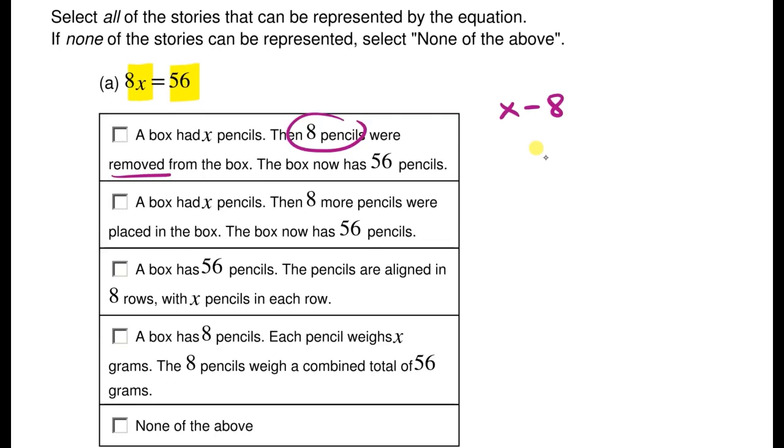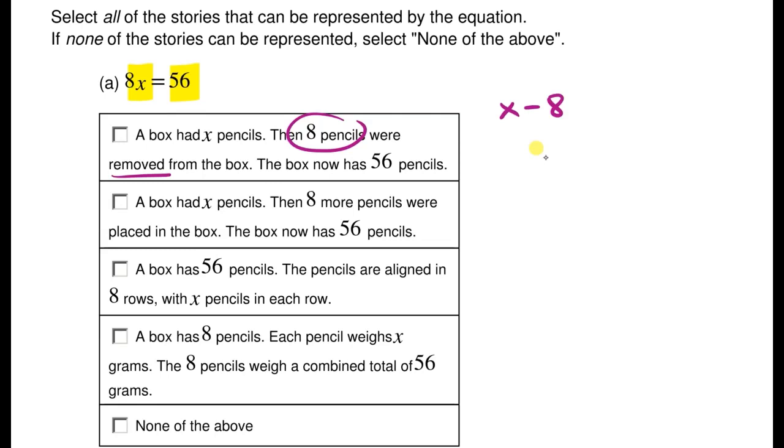That's correct, it doesn't work. Now second scenario. A box has X pencils, then 8 more pencils were placed into the box. So 8 more would mean X plus 8, not X times 8. So the second scenario is also wrong.